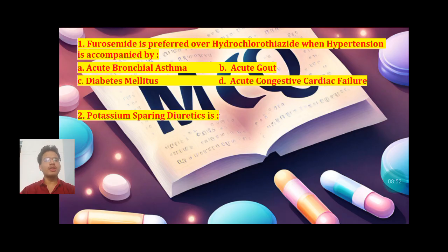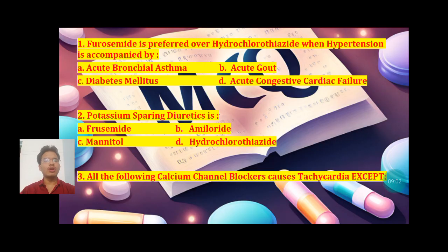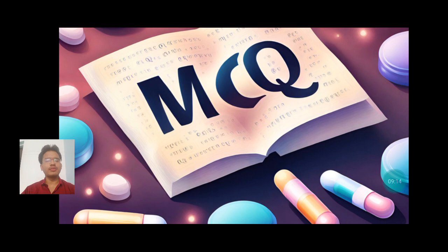The second question, potassium sparing diuretic is. Options are furosemide, amiloride, mannitol, hydrochlorothiazide. Third question, all the following calcium channel blockers cause tachycardia except. Options are verapamil, felodipine, nifedipine, amlodipine.